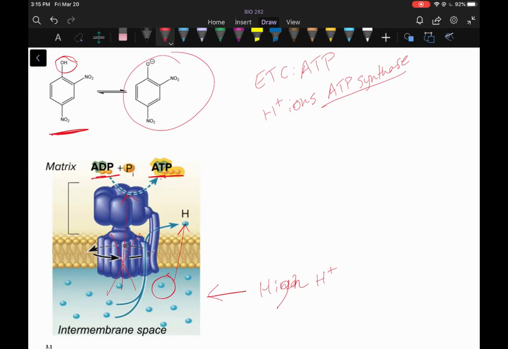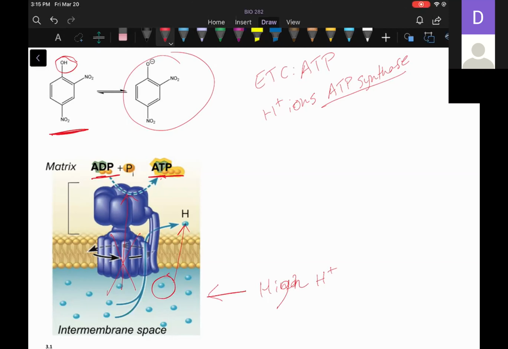When it gets out into the matrix, it will become deprotonated, and then it'll go back into the inner membrane space, picking up those other hydrogen ions. And this process will repeat over and over again. Basically, that's what ends up killing you, because you're not going to have the energy or the ATP that your body requires. Does that make sense?